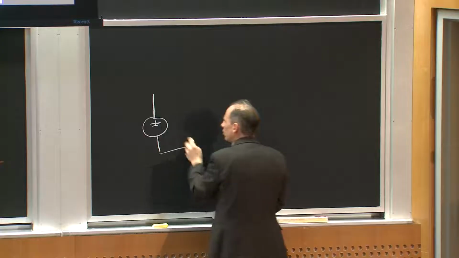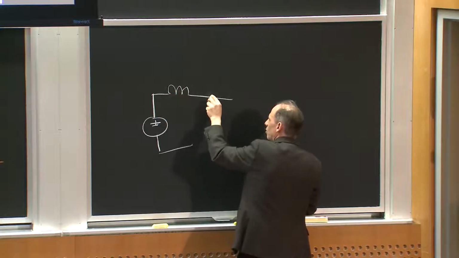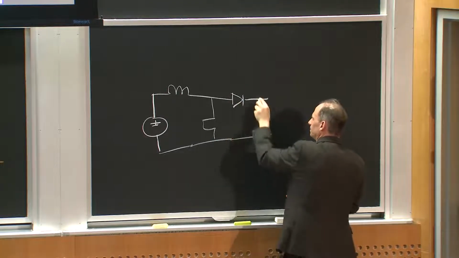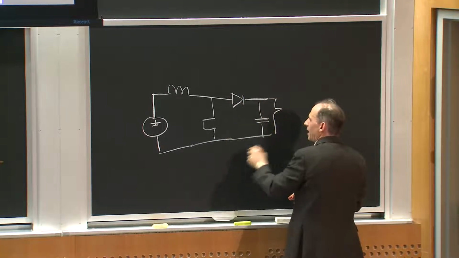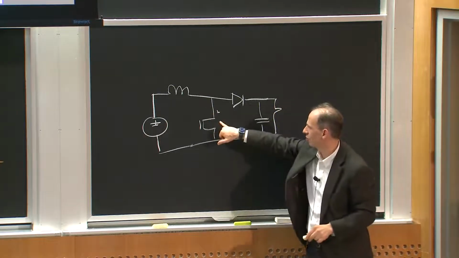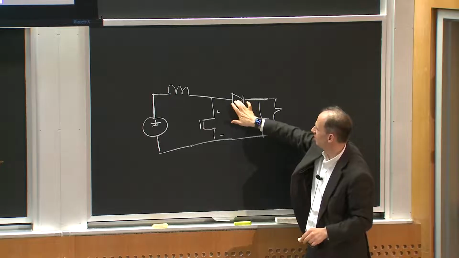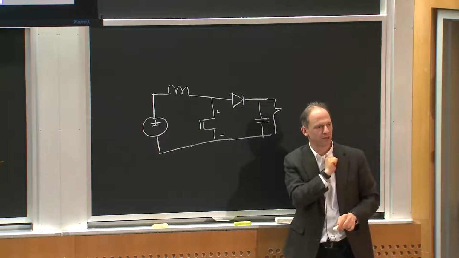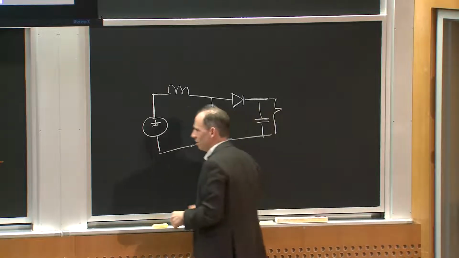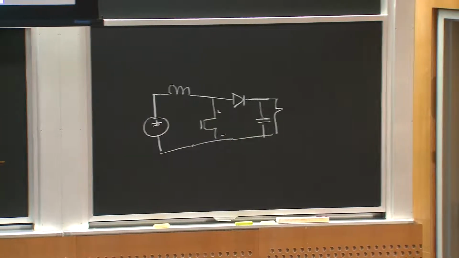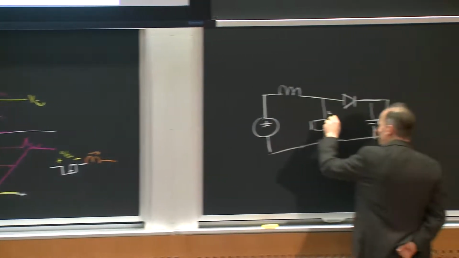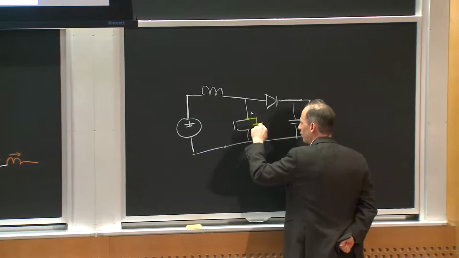If I worked out what the switching losses of this thing were, I have the turn on and turn off loss of this device, and then diode reverse recovery is also often a big deal. Well, what happens if I came along and put a snubber capacitor across my device and give myself zero voltage turn off?